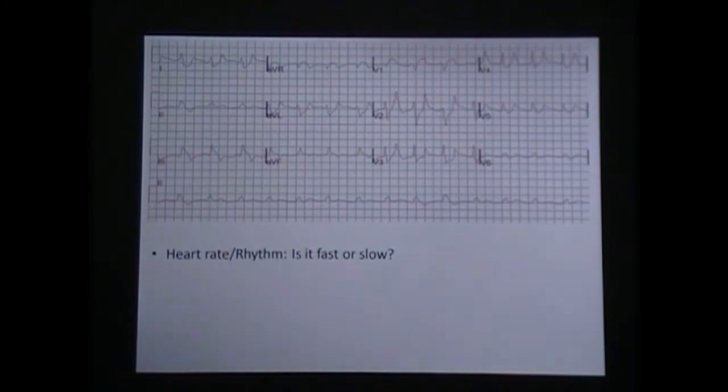It looks like it's a little slow, using triplicate. It's hard to tell. So you think 300, 150, 175. So fourth box is 75. Okay. So then we're normal heart rate.